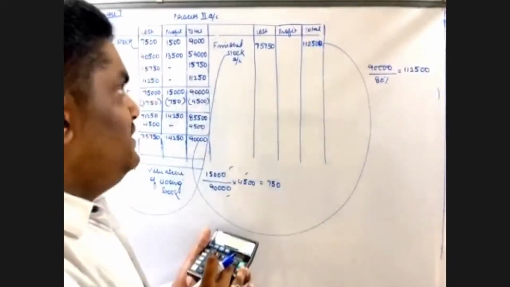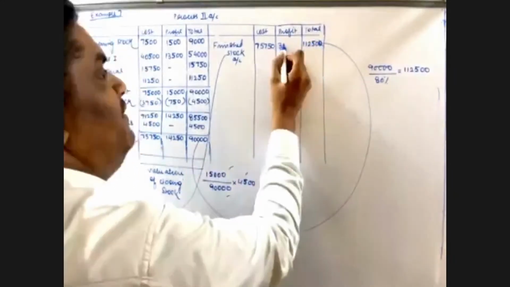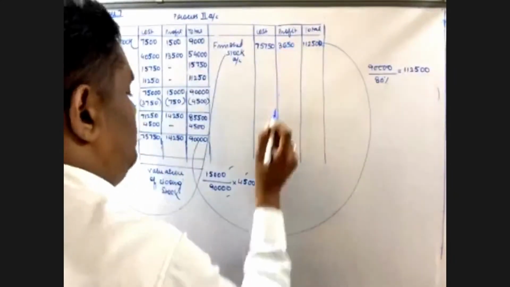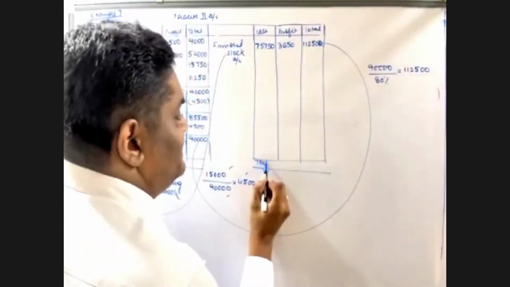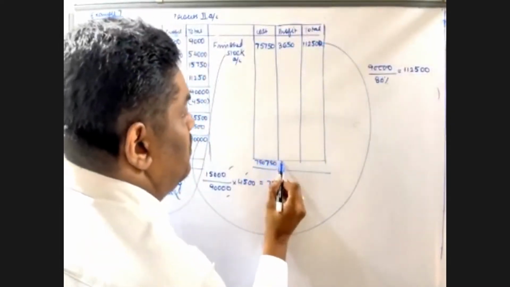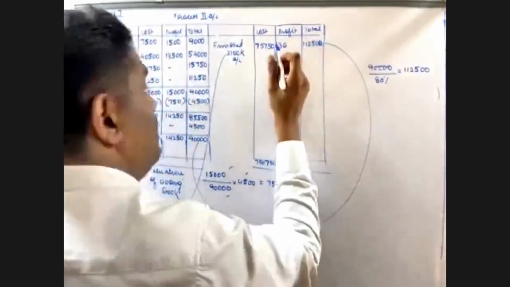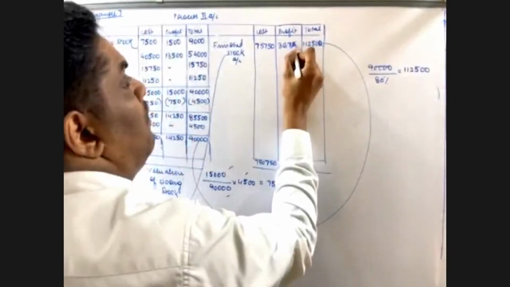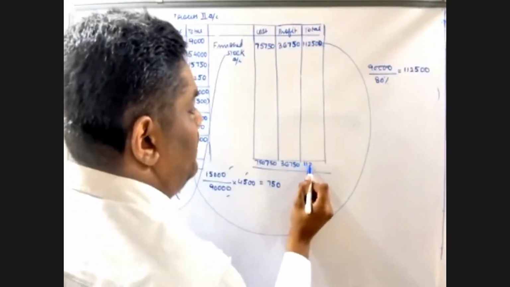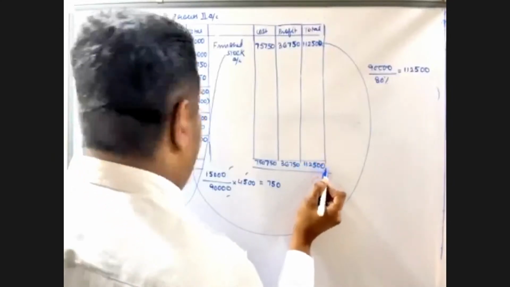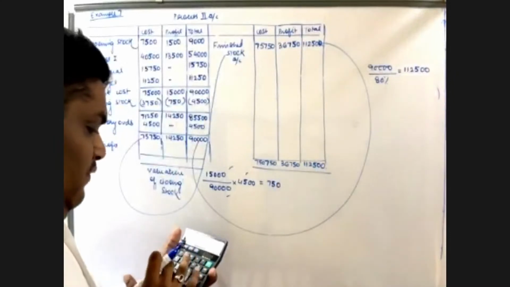So 1,12,500 minus 75,750, this will be 36,750. 36,750 minus 14,250.